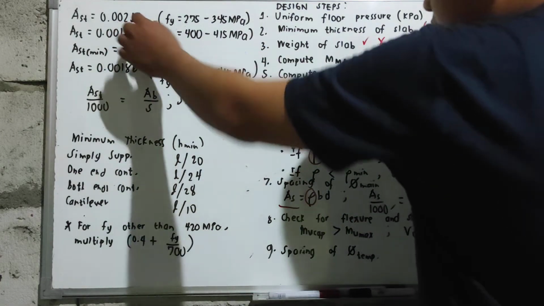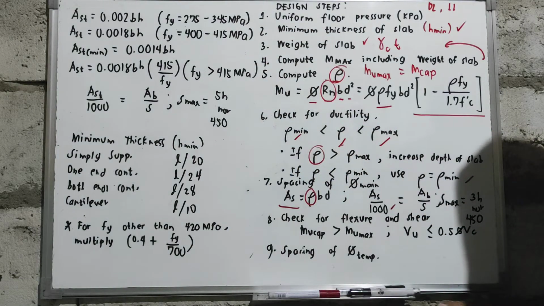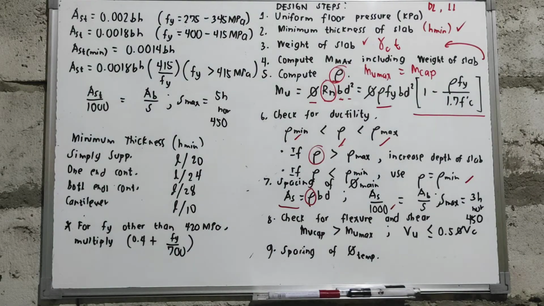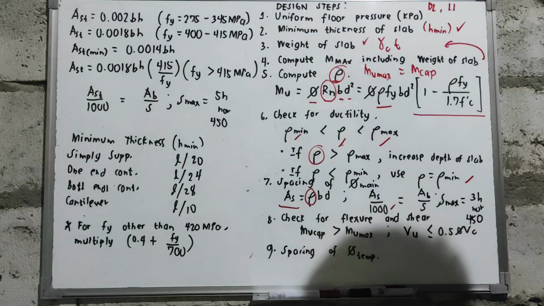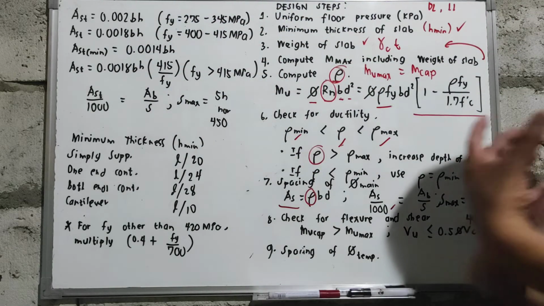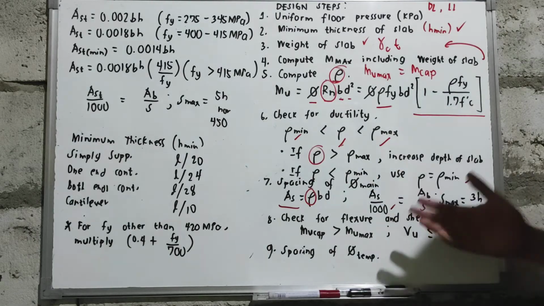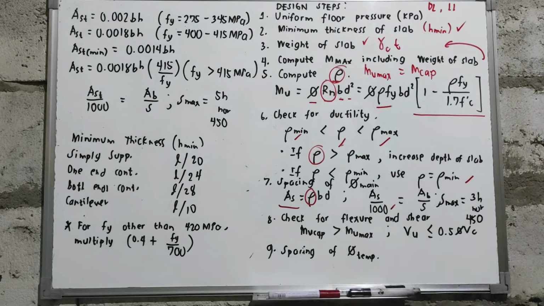So yung b natin, that will be yung 1 meter strip natin, which is equal to 1,000 mm. And yung h natin, that will be the thickness of your slab. So for this one, meron na tayong given na mga formulas in computing for your temperature bars. Kaya mas madali siya compared in computing for the value of your main bars. Kasi sa main bars, ang dami nating procedures na pagdadaanan bago natin siya makuha.